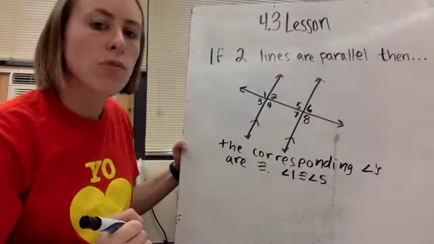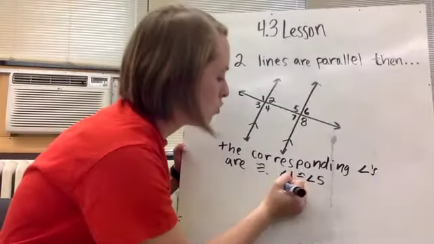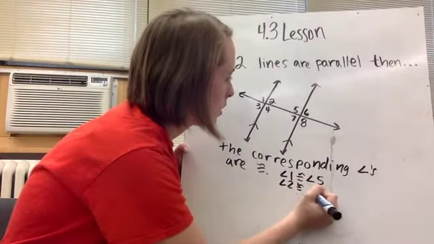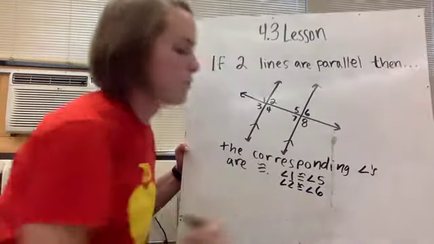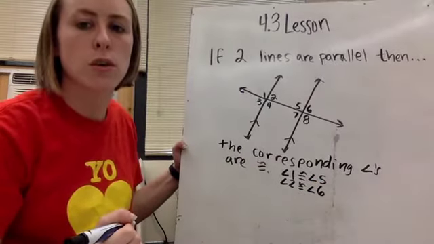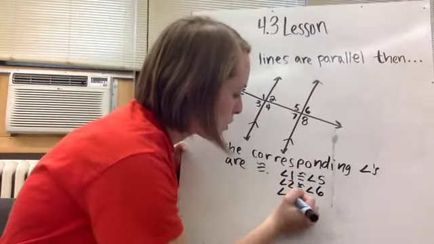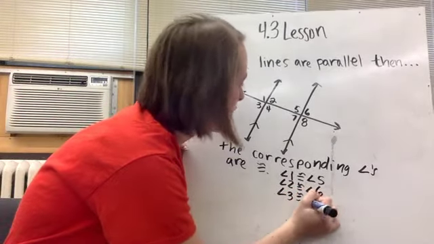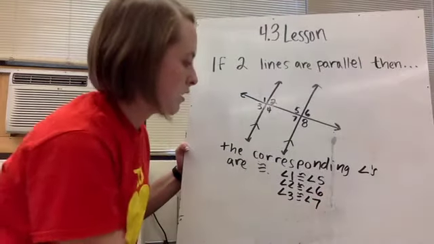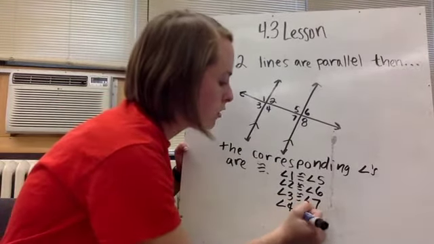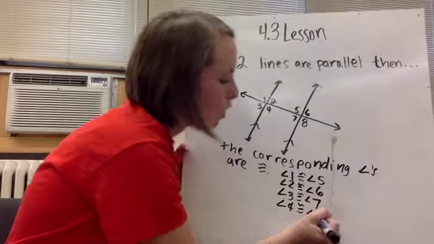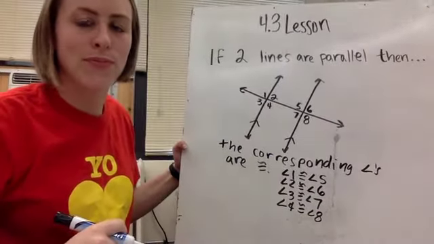And that goes for all of my corresponding angles. Angle 2 is going to be congruent to angle 6. 2 and 6 are corresponding, so they are congruent. Next, angle 3 is congruent to angle 7, and angle 4 is congruent to angle 8. Please write all of those down.